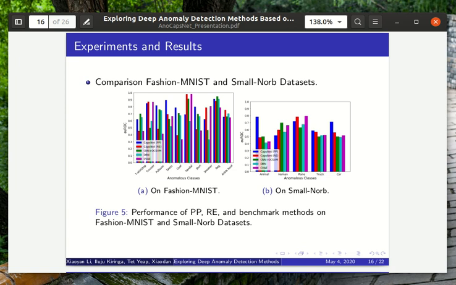Similar results can be observed from the performance on small NORB. We can also see from this result that the prediction probability based method and the reconstruction error based method can complement each other.